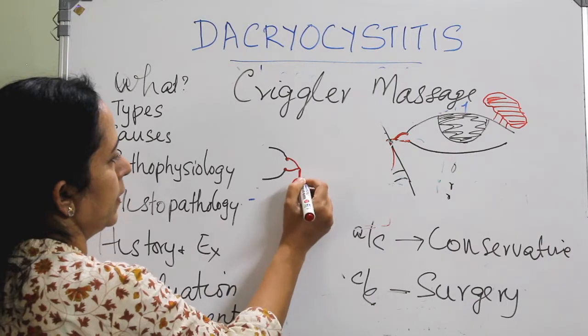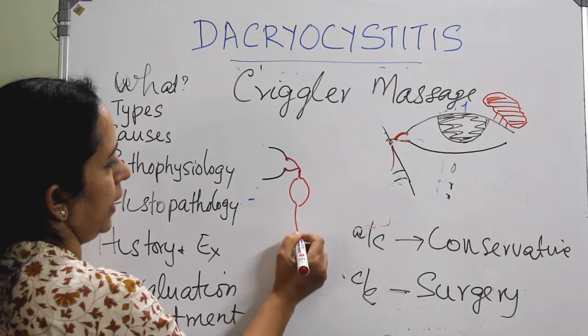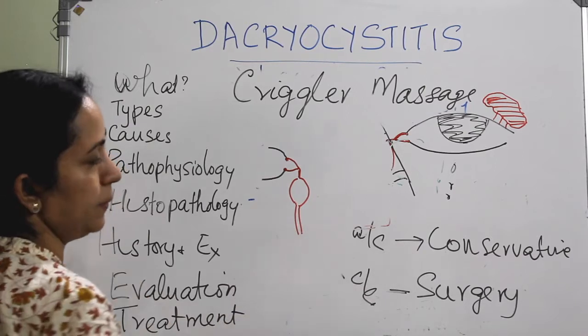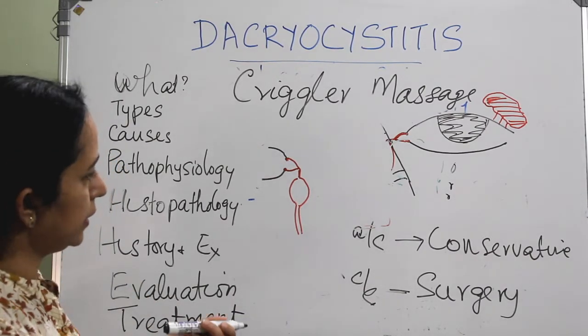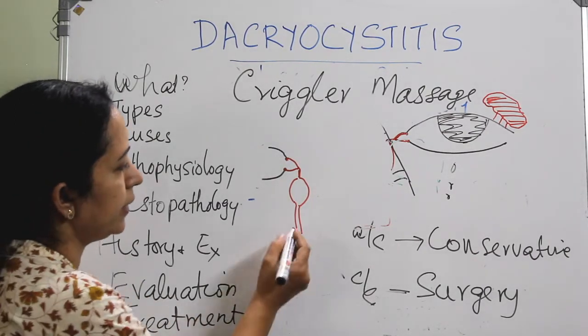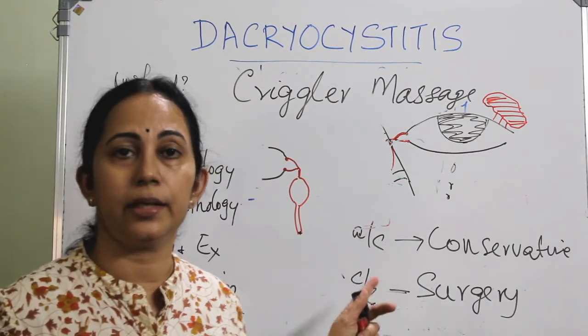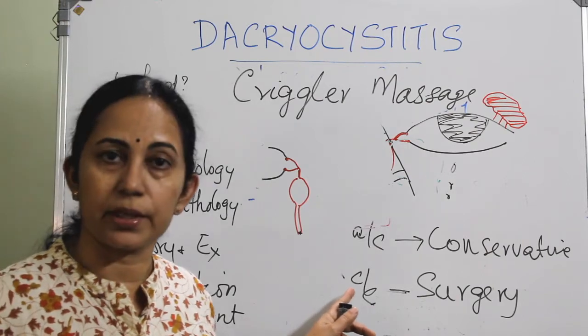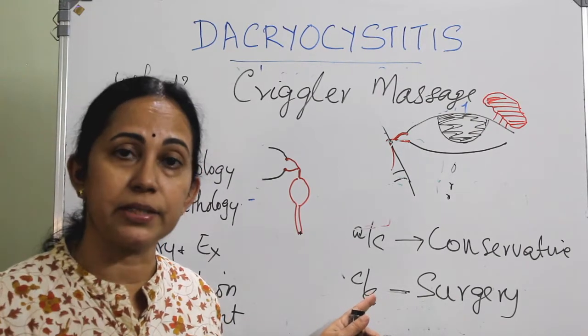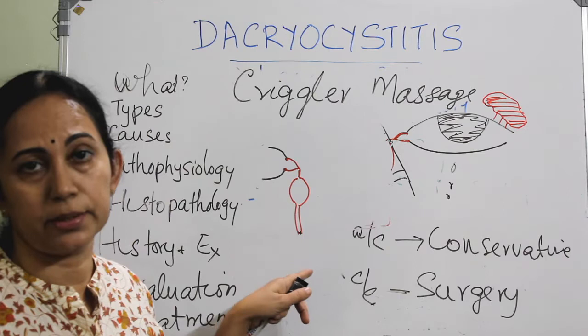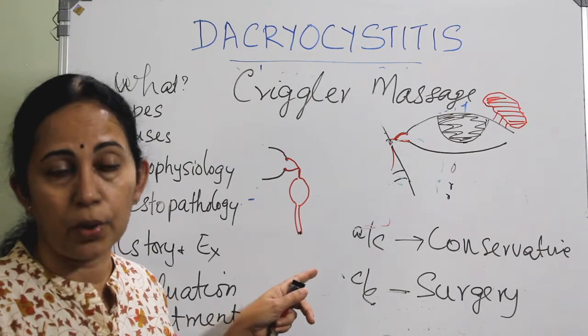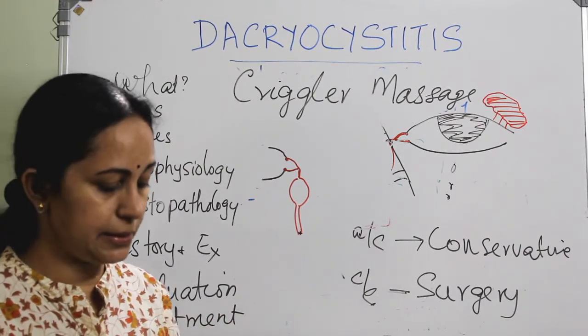Then comes the lacrimal sac and the nasolacrimal duct on the right side. I already told you that the persistence of a fetal membrane at the distal end of the nasolacrimal duct, or at the level of the valve of Hasner, causes this blockade, or blocks the flow of tears into the inferior meatus.